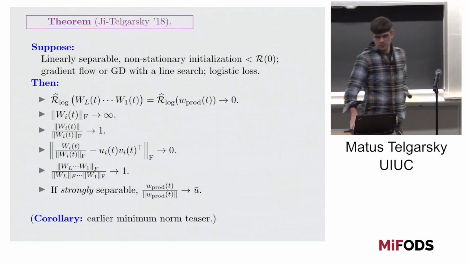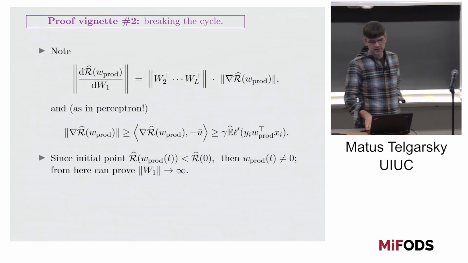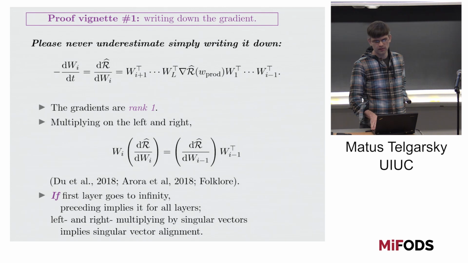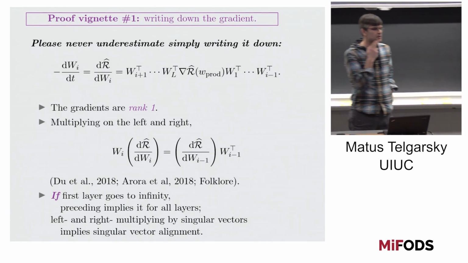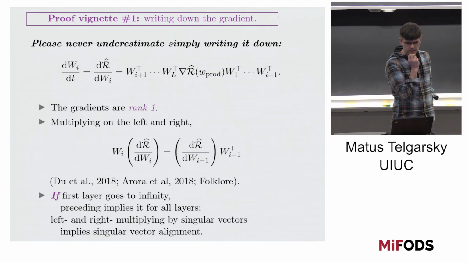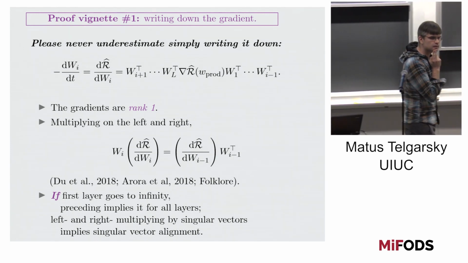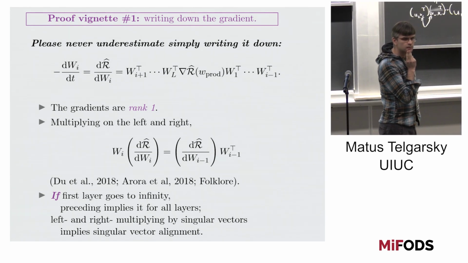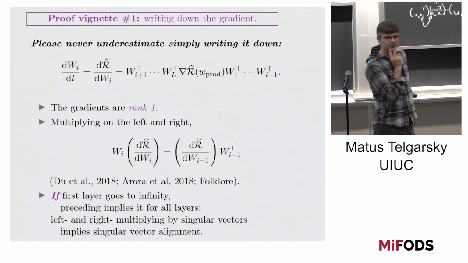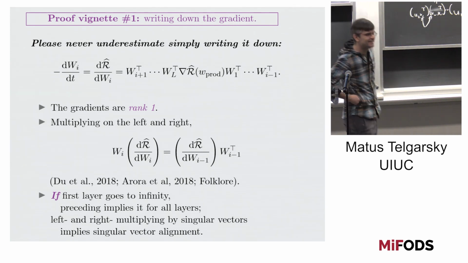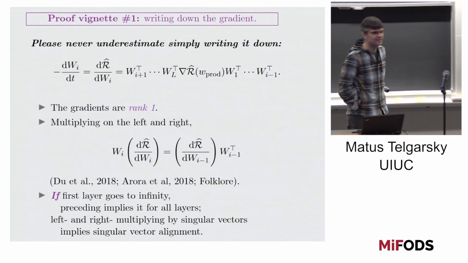The proof, which crucially uses this rank 1 property, breaks down. Ohad asked me about this yesterday, and for some reason I thought I had a proof from months ago. I don't. So I don't actually know how to prove this in the multi-class case. I think I know, and Jason thinks he knows how.